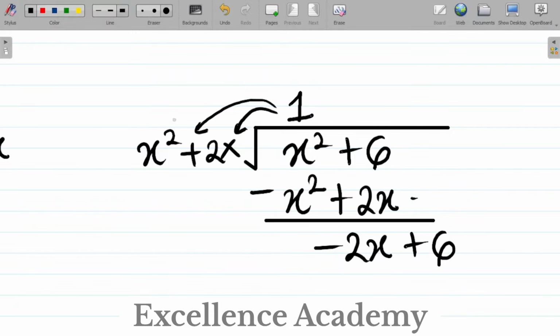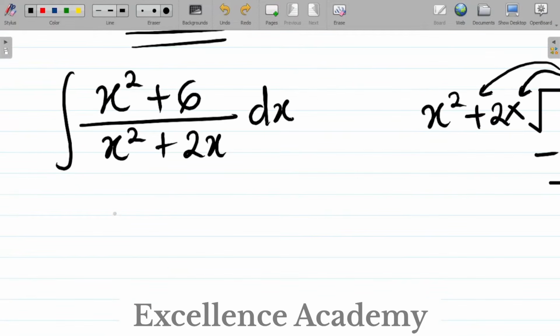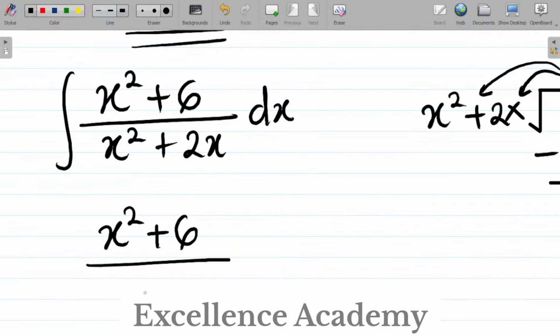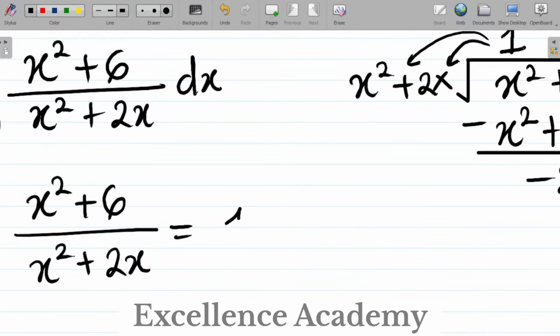You want to observe that the power here is 2, while the power here is 1. It's now a lesser power, so we can now start solving. How do you write this in terms of a fraction? x squared plus 6 all over x squared plus 2x is equal to the term you have here, which is 1, plus your remainder.